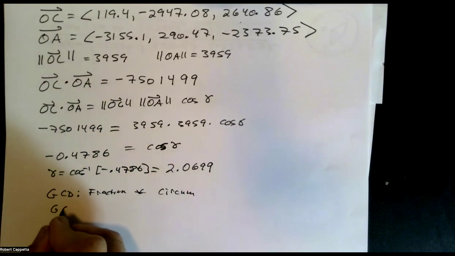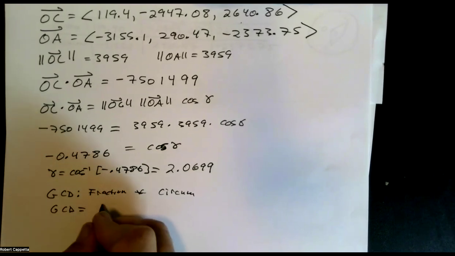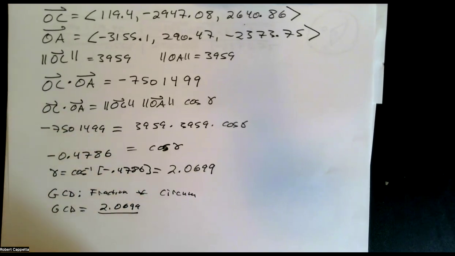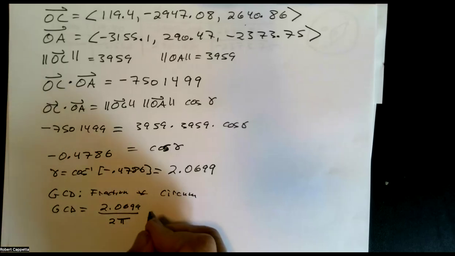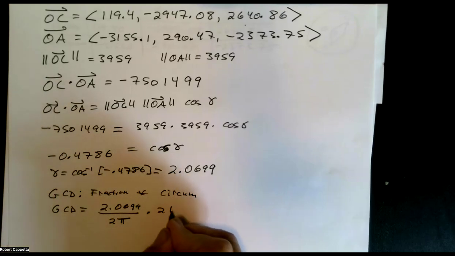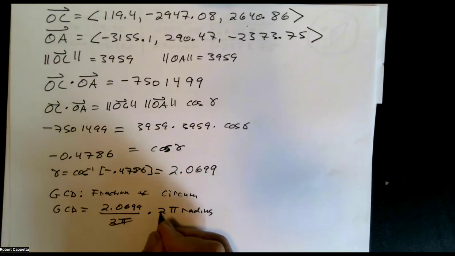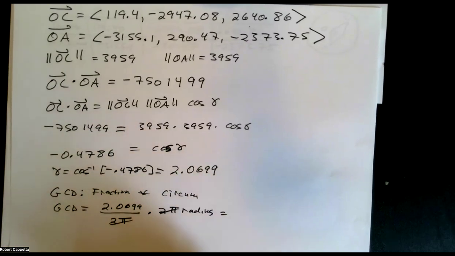So our great circle distance will equal the fraction 2.0699 divided by how many radians do I have altogether for an entire circle? 2 pi for the entire circle times the circumference, which is 2 pi times the radius. So there you go. There you get your radius times the angle measured in radians.